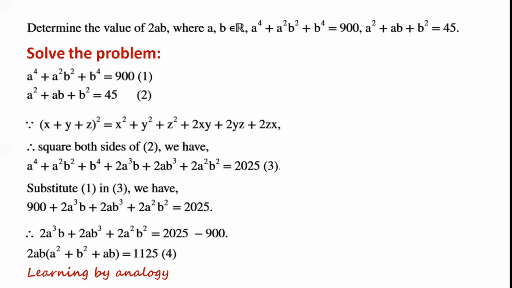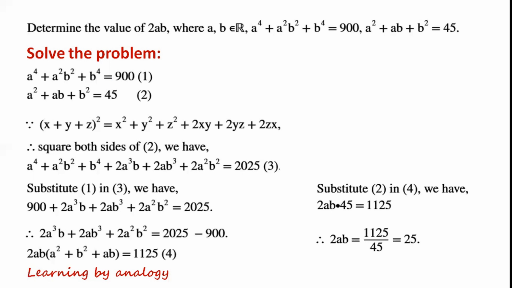2ab times (a squared plus b squared plus ab) equals 1,125. By substituting equation 2 in equation 4, we have 2ab times 45 equals 1,125.